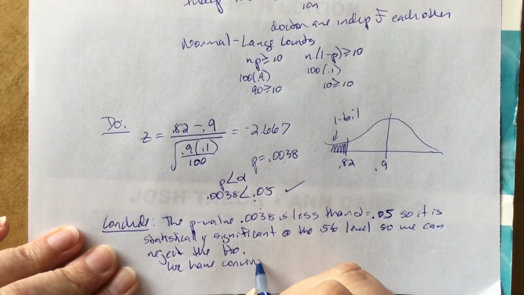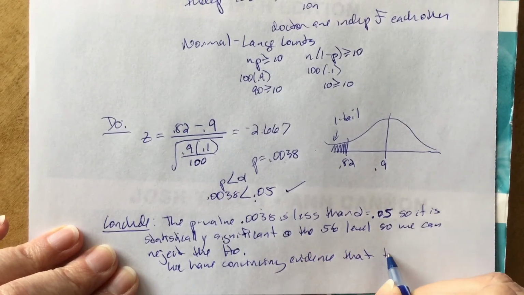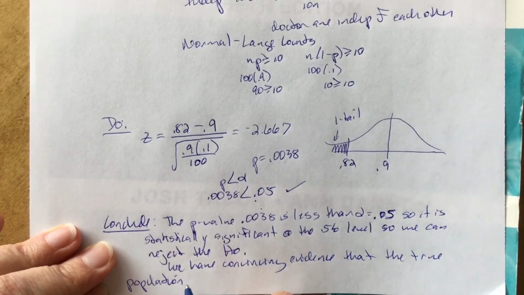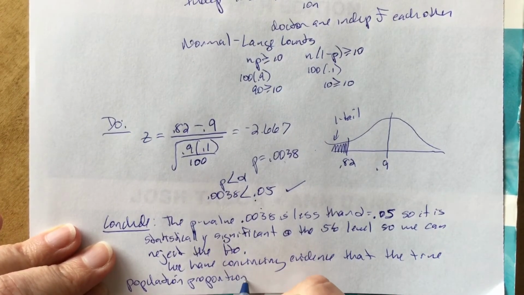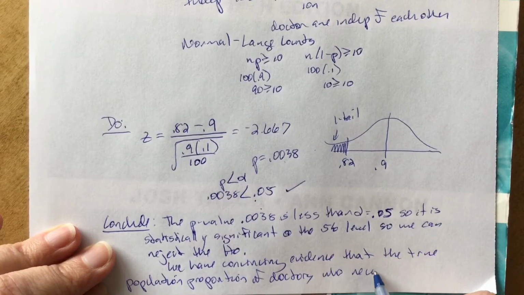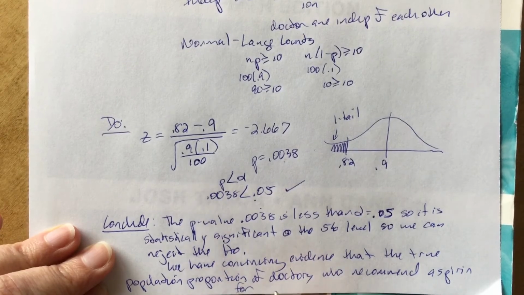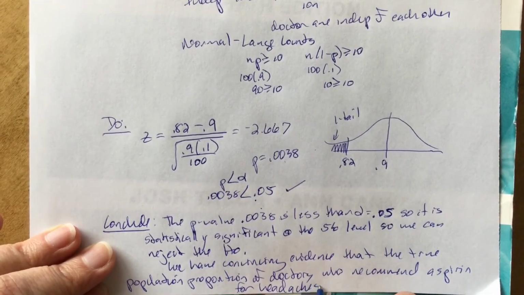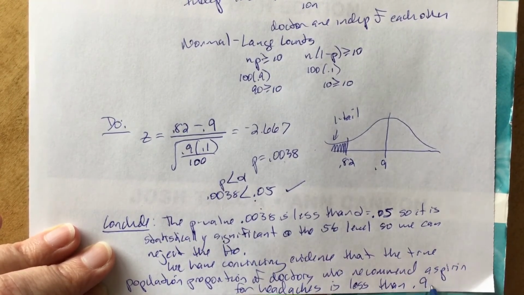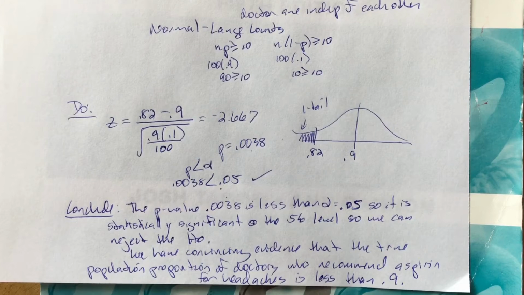We have convincing evidence that the true population proportion of doctors who recommend aspirin for headaches is less than 0.9.